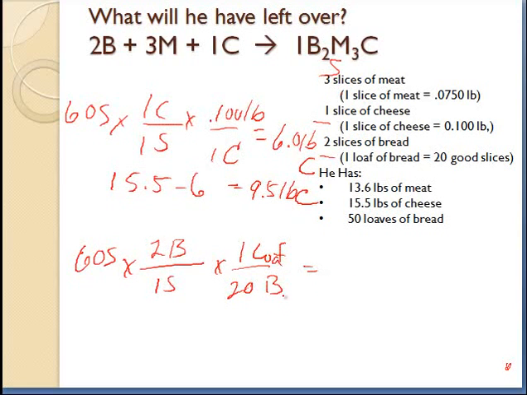So this means I will need 6 loaves. If I have 50 loaves minus 6, I'm going to have 44 left over. Okay, so let's take a look at a real problem.